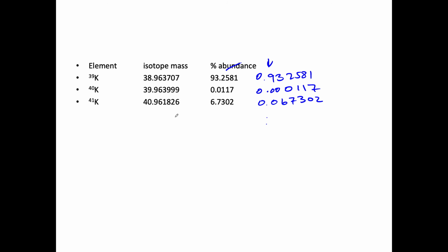Now we're going to take 38.9637007 times 0.932581. So it's going to be 36.336813.